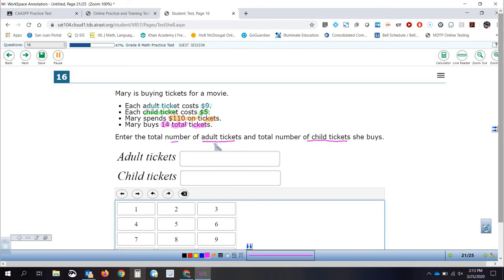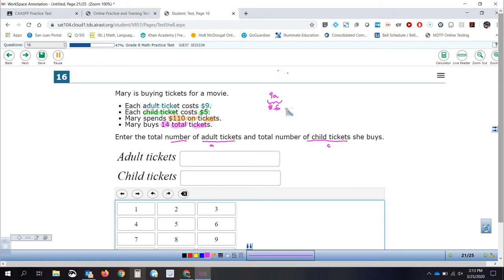So the number of adult tickets, I'm going to call A. And the number of child tickets, I'm going to call C. And what do I know? I know that for every adult ticket that Mary bought, she spent $9. So 9A is the amount spent on adult tickets.